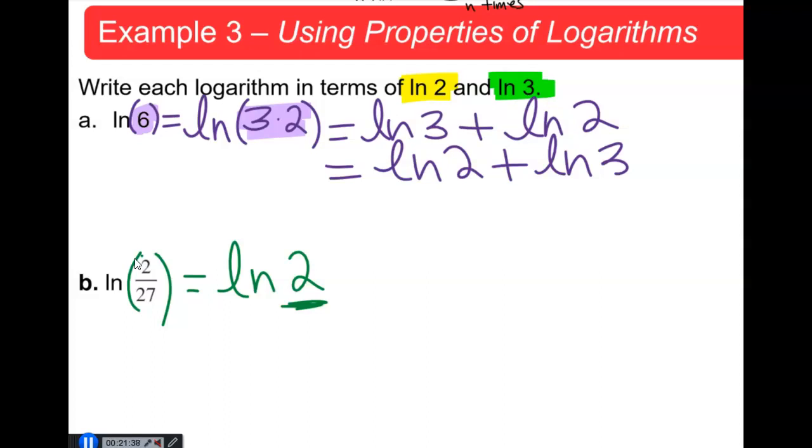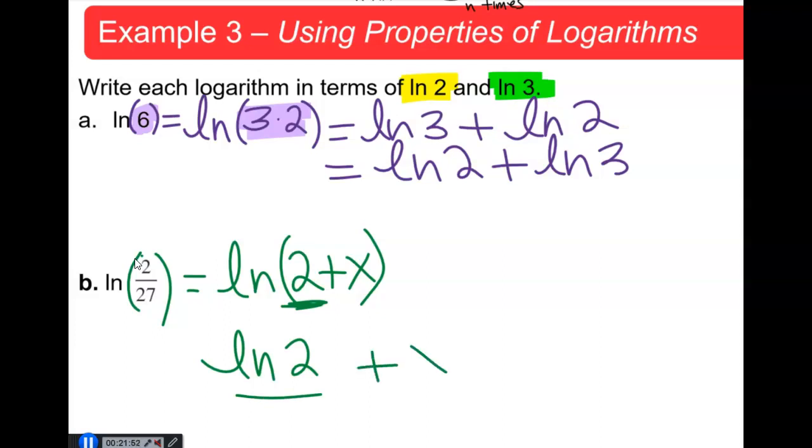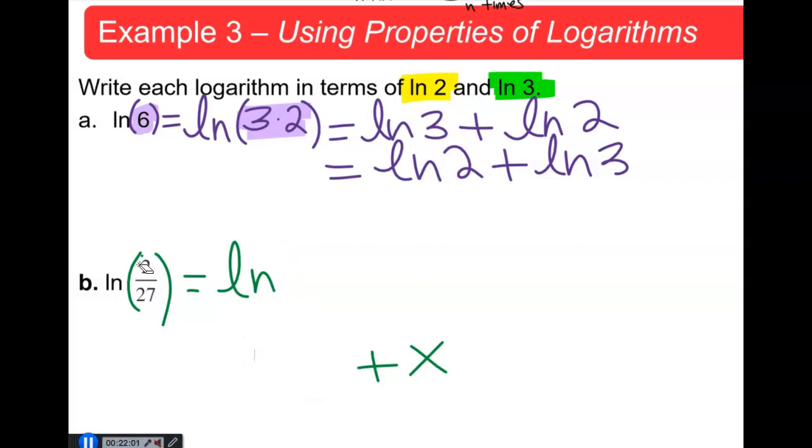But if the argument was to be 2 plus x together, then we must have parentheses, because we don't want the calculator or the computer or people to think that we're only taking the ln of 2 and then adding x at the end. So if you want x to be part of the argument, you must put it in parentheses. Here we don't have x, so I'm just going to delete that. If you're not sure and it's just one term and you put the parentheses, it doesn't make it wrong. It's just to be safe.